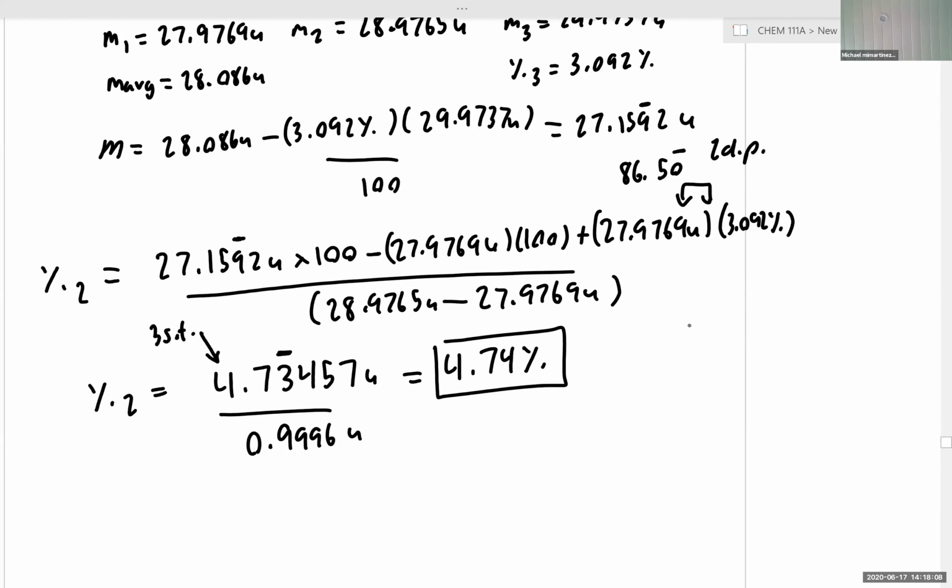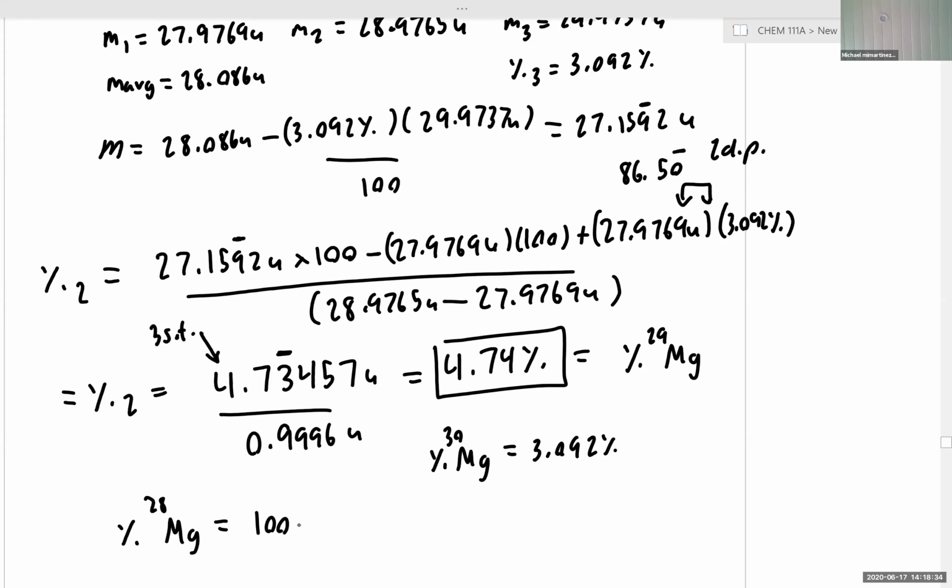So now that we have the percentage of isotope 2, which in this case corresponds to the percentage of magnesium 29, we also know that the percentage of magnesium 30 is 3.092%. So we can solve for the percentage of magnesium 28 by taking 100% minus the percentage of magnesium 29 minus the percentage of magnesium 30.